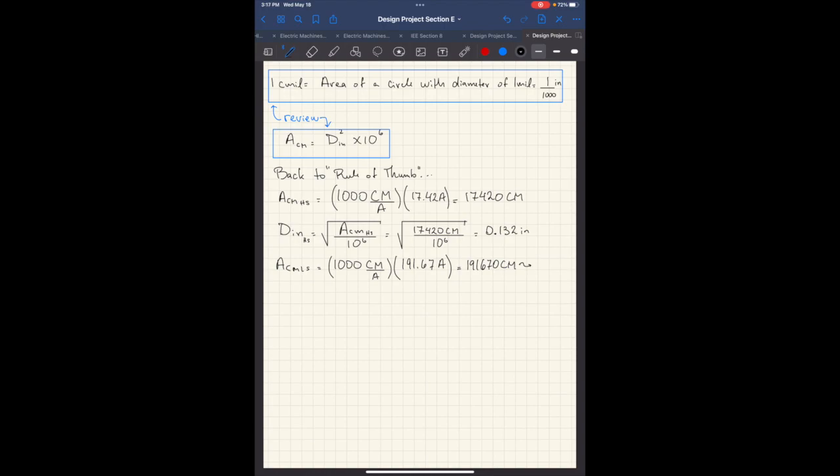For the diameter in inches for the low side, you would do the same formula and arrive at the answer that this diameter must be 0.438 inches.